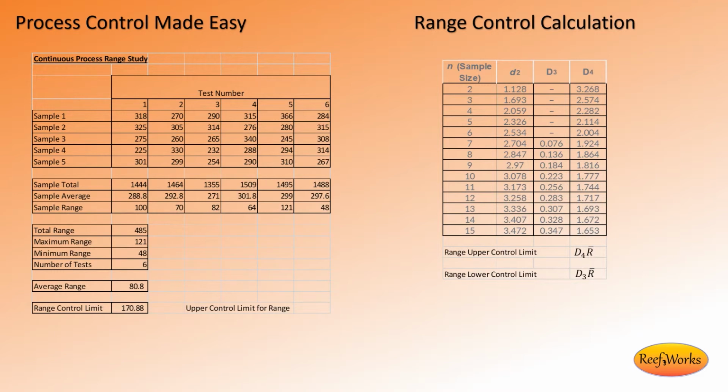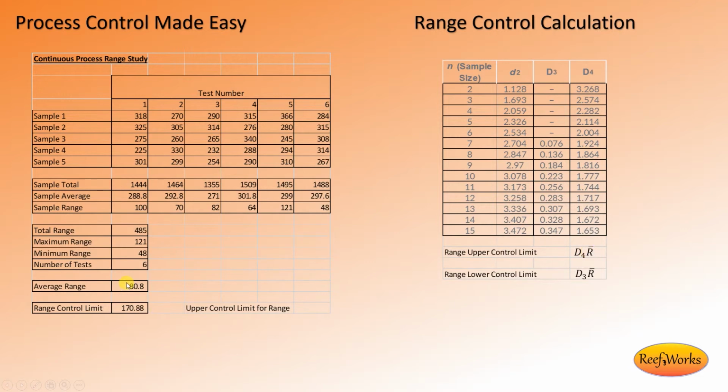So in order to calculate the range, we'll go to that in just a moment. We have this handy constant chart, and basically we have 5 samples. We're going to be using constant D4, which is 2.004, and our upper control limit range is D4 times R bar, which is your average range.